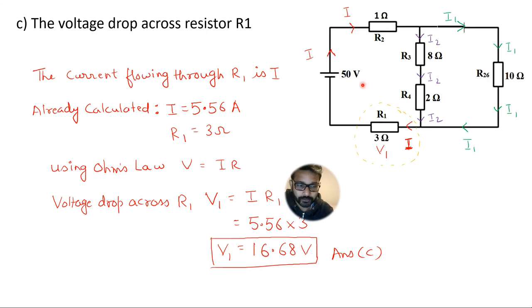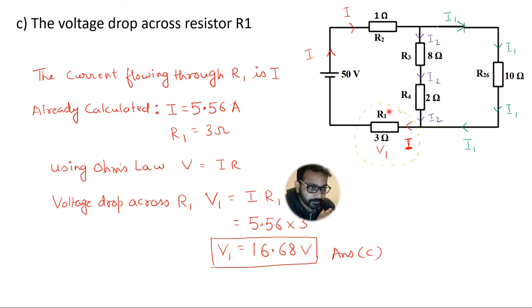Now moving on to the next part, part C. We have to calculate the voltage drop across resistance R1. So referring to the given circuit, let's see, where is R1?